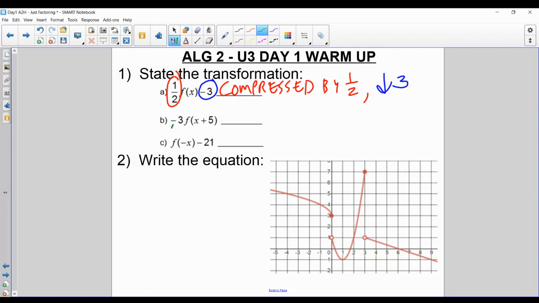Okay, this negative out front tells me it's got a vertical reflection. The 3 right there tells me it is stretched by a factor of 3.